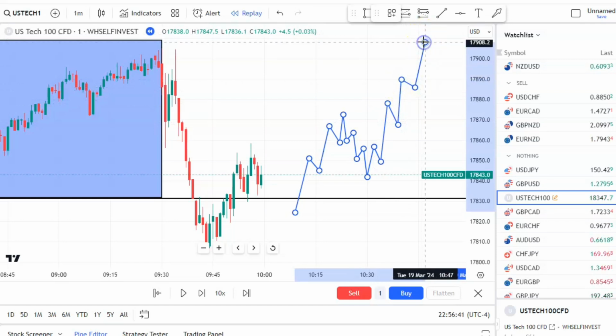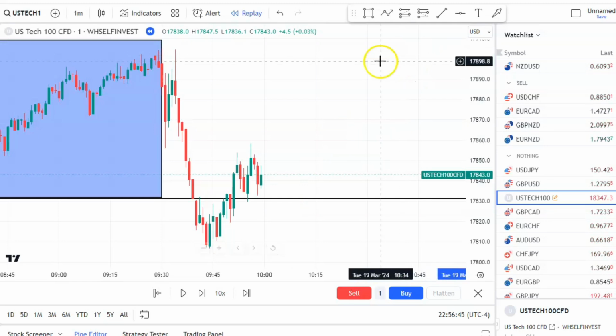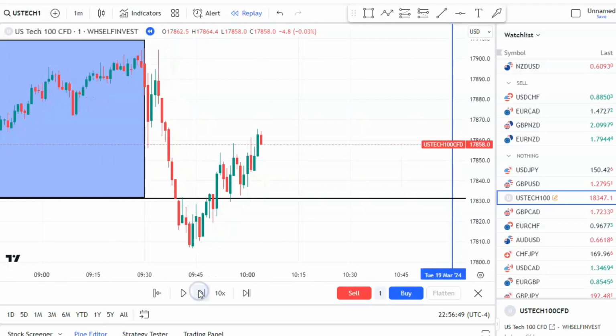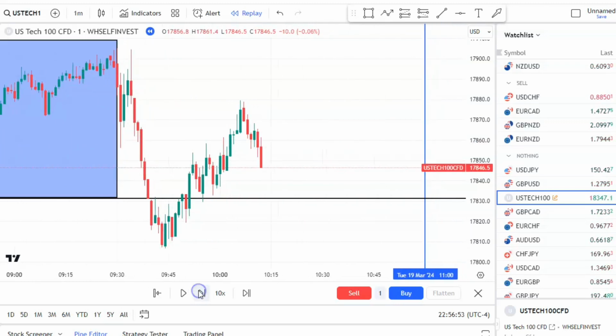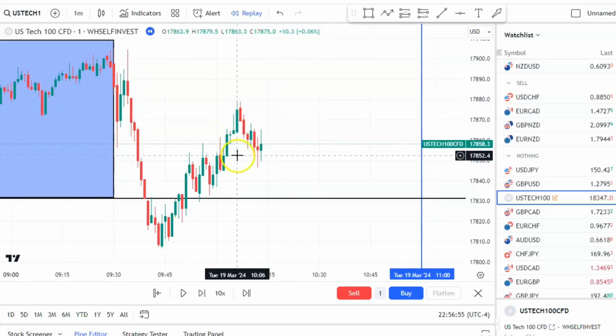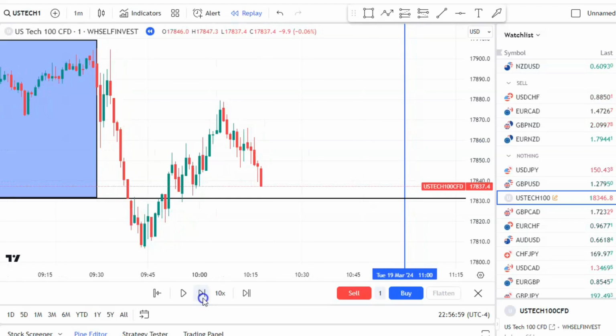Like, that's the typical price action on any chart, on any pair. So price is creating higher highs. So I just sit and wait for the lower lows to start being created. So price starts creating lower lows.